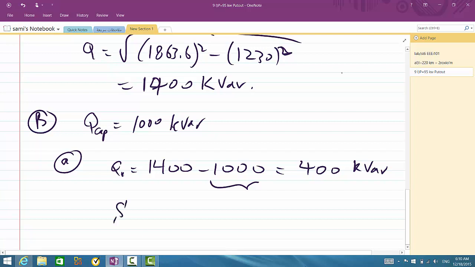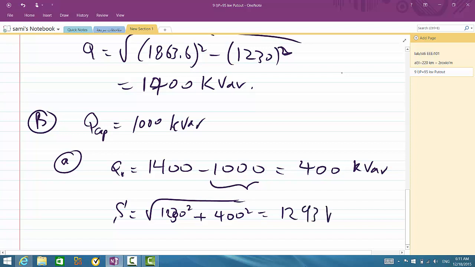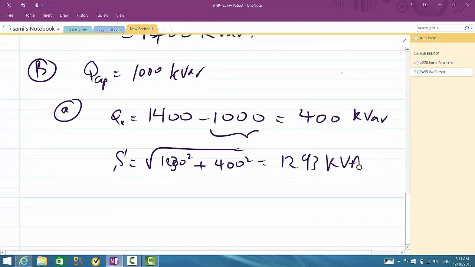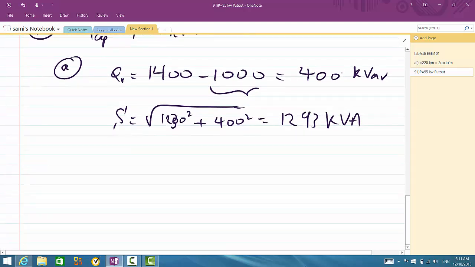So the new S will equal the square root of 1230 squared, which is P squared, plus Q squared, which is 400 squared, and this will give me 1293 kilovolt ampere. This is the apparent power supplied by the source.